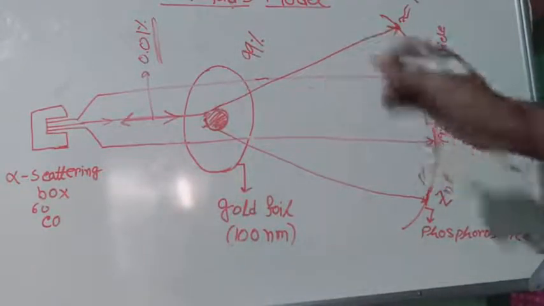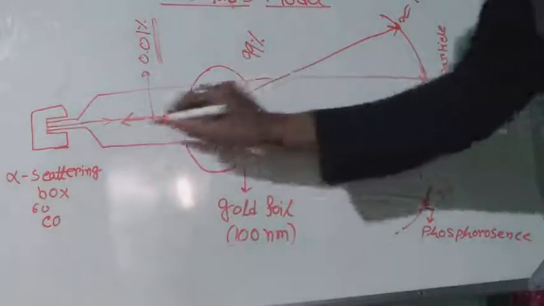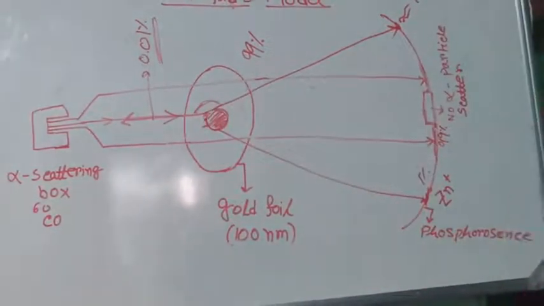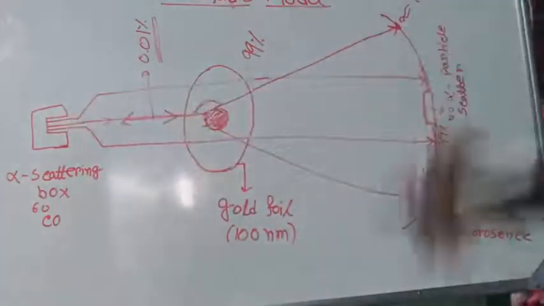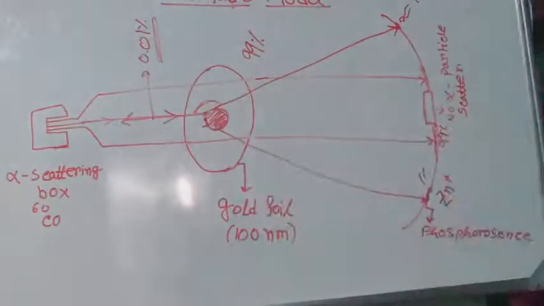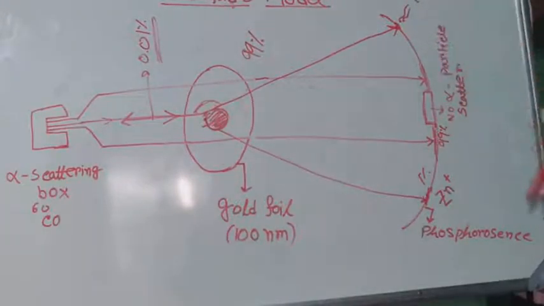Then some of the alpha particles are deflected by a very small angle. That means this is the deflection, and this deflection is very small. That means a few alpha particles that pass near the center are scattered, and the deviation angle is also small. From this observation, we prove that the atom has a positive charge.